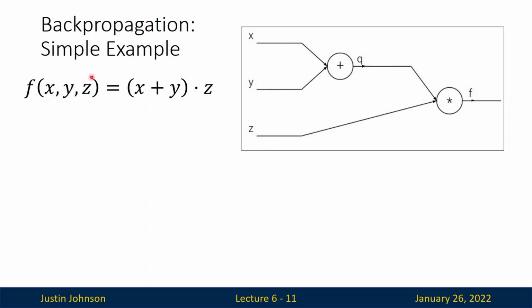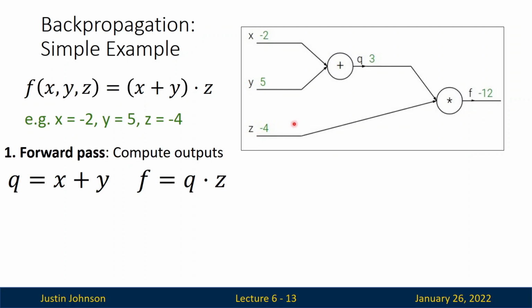Then the f value will be the multiplication of z and q. Then suppose I have their values: x is -2, y is 5, and z is -4. Then I compute q. q is -2 plus 5, so the value is 3. And what is the value of f? It is the multiplication of q and z, so 3 times -4, the result is -12.